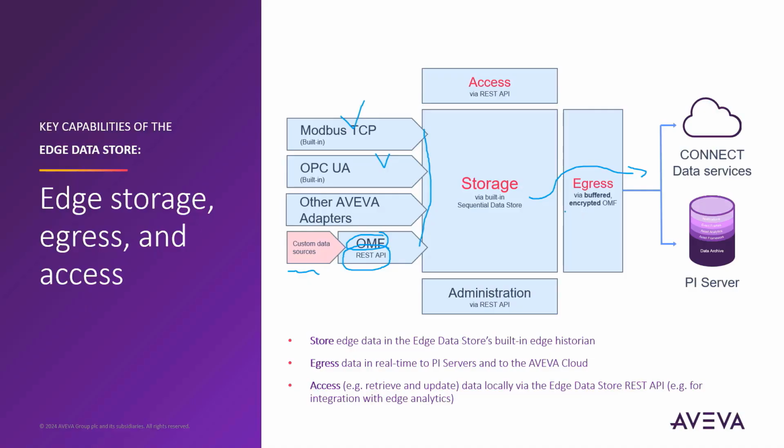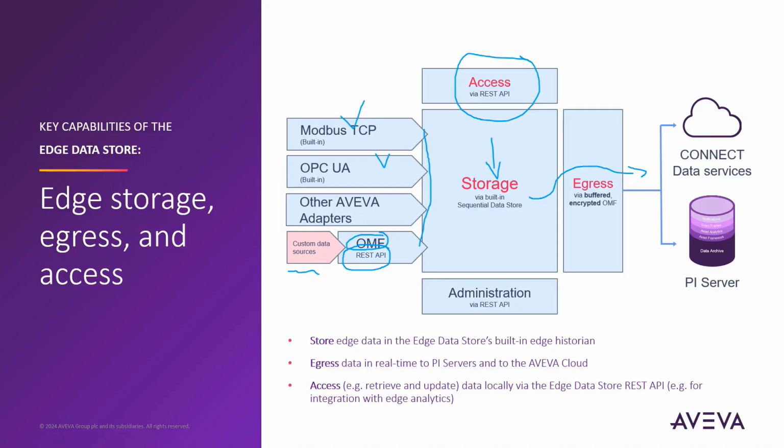The exciting thing about the Edge Data Store that makes it different from something like an interface or an adapter or connector is that in addition to collecting data and egressing it and buffering it and encrypting it, it actually does that storage, which allows that data to be accessed via the Edge Data Store REST API so that, say, a custom application or other component that wants to do data analytics out at the edge can actually access this data and retrieve it.